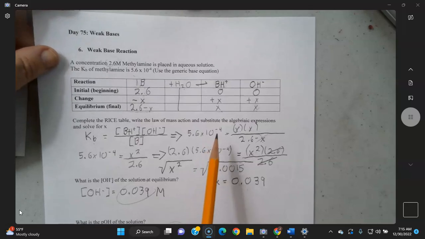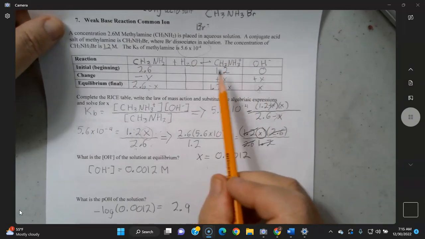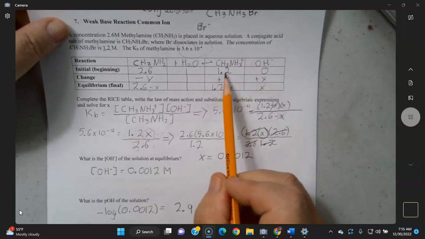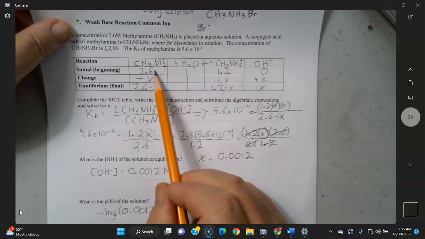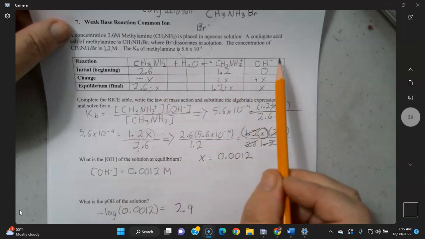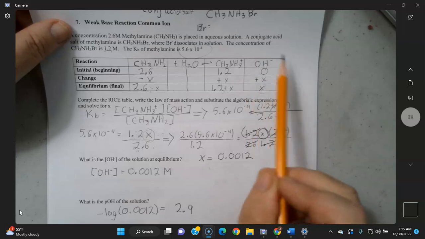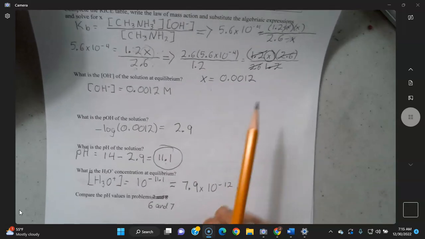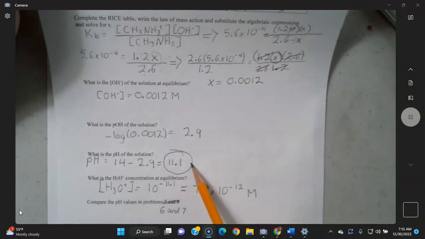When we had the common ion here, it made the room on the right side more crowded. So the reaction was less free to move from left to right, and therefore it wasn't going to create as many hydroxide ions. And so you ended up with a pH of 11.1.